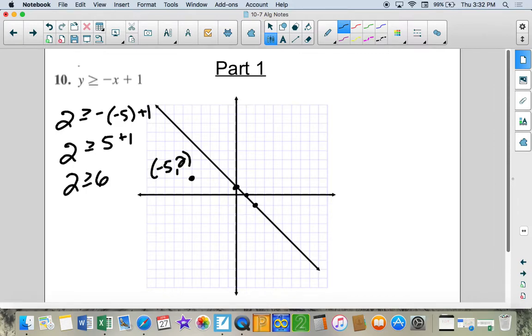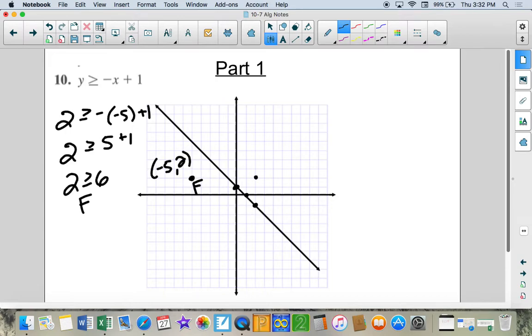Well, what do we know about that? That's a false statement. So this point on this side is false. And guess what? Every single point on this side is also going to be false. If one point is false, then all the points on that side of the boundary, of the line, will be false.